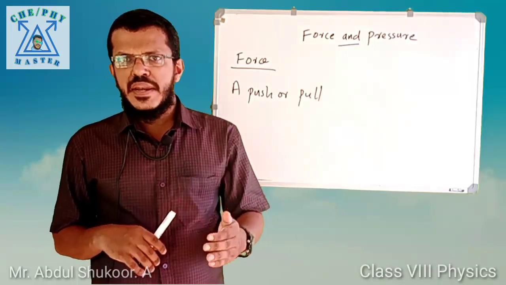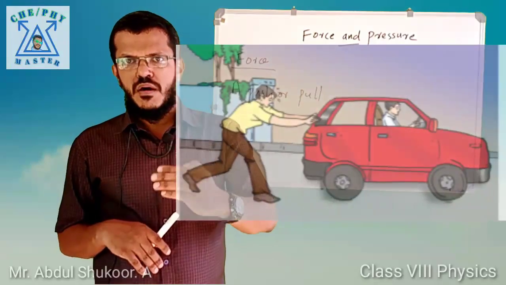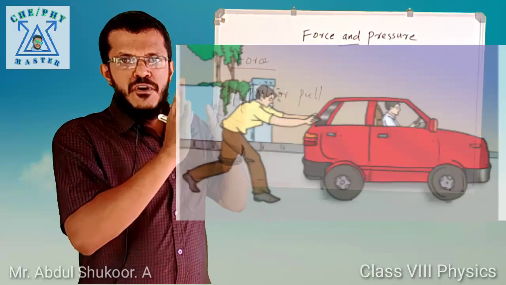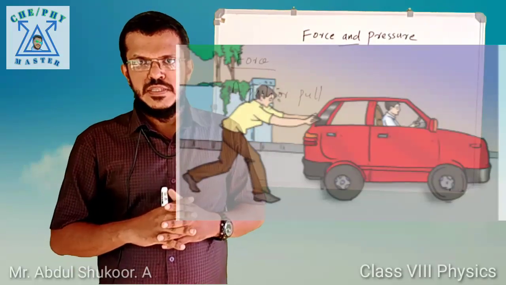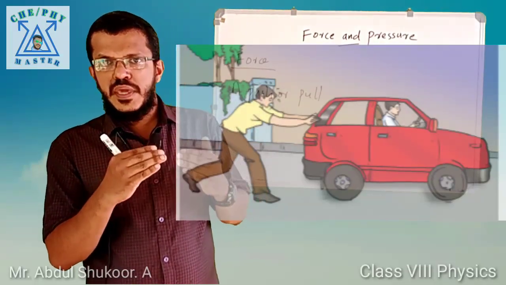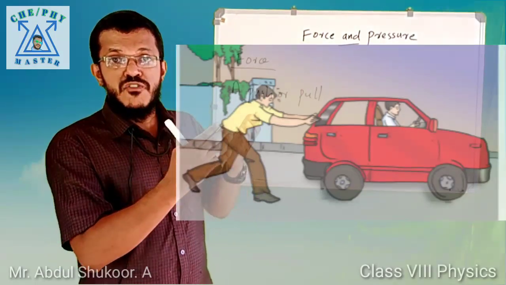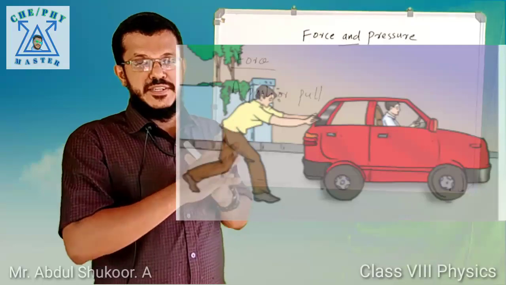Suppose the man now begins to push the car. That is, he applies a force on it. The car may begin to move. In which direction? In the direction in which the force is applied.